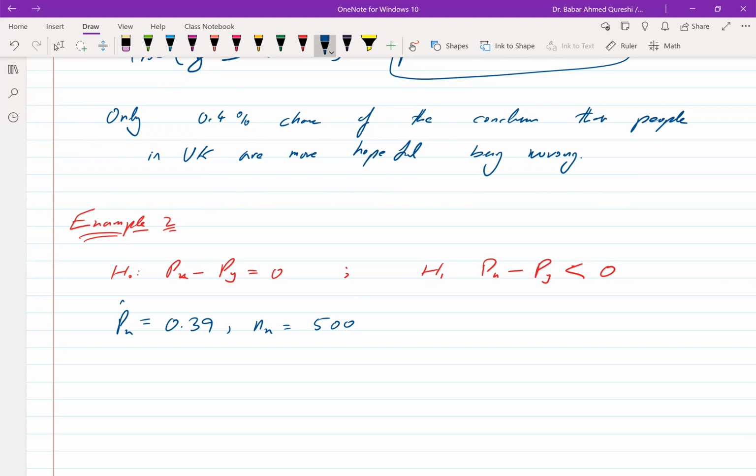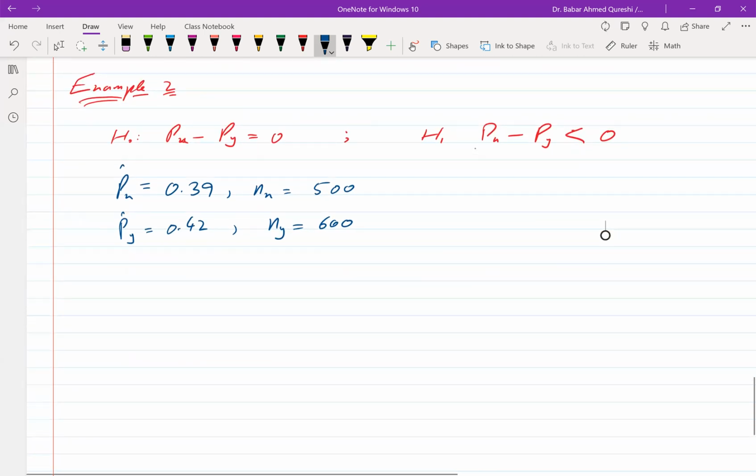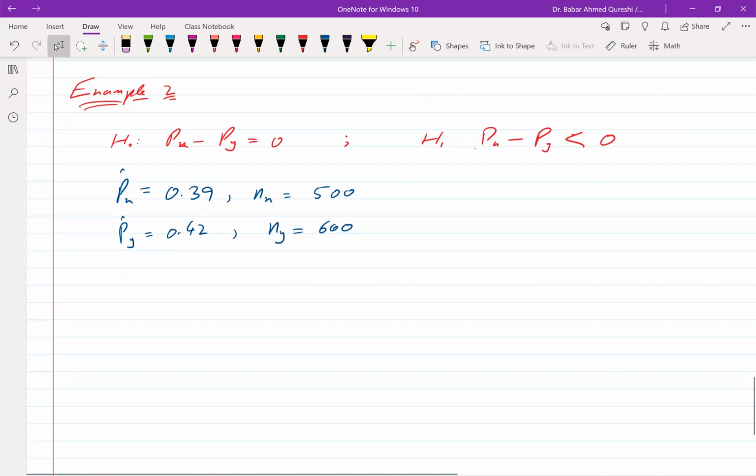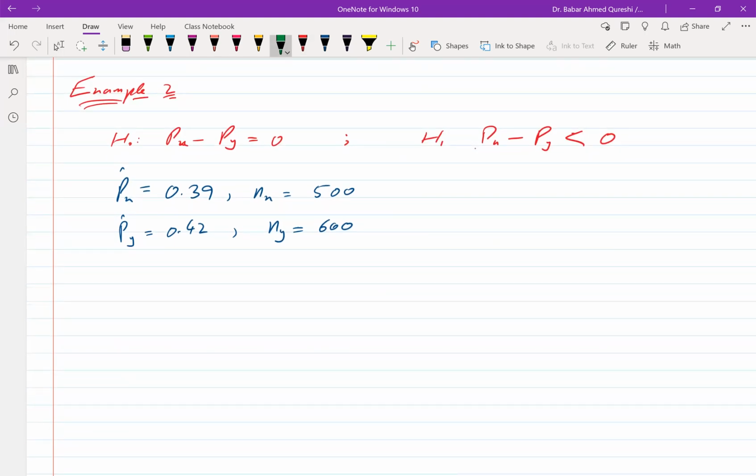On the other hand, the proportion in the sample from Y is 0.42, and you sampled 600 people from there. So you will have to compute this point estimate for the assumed equal population proportions.